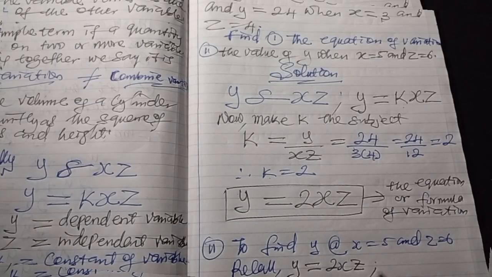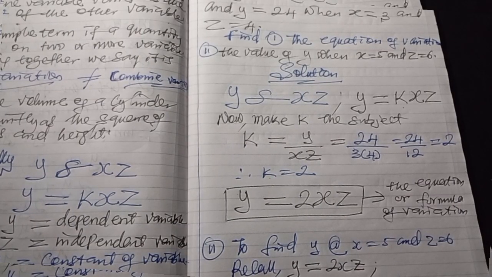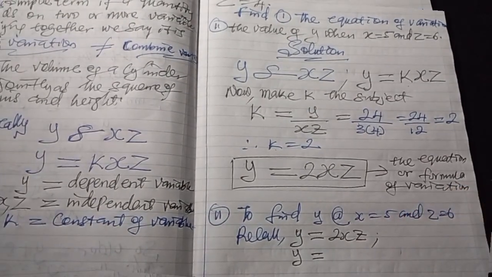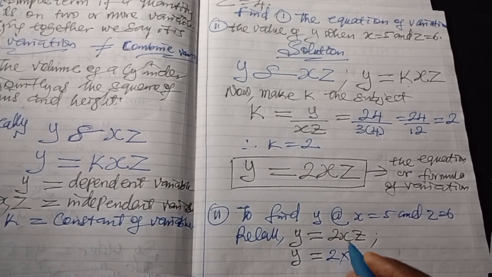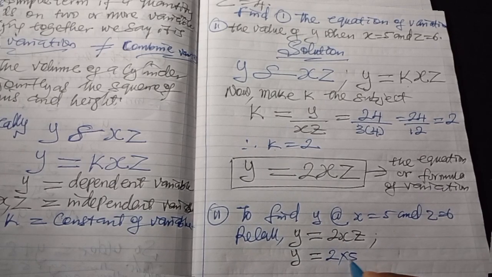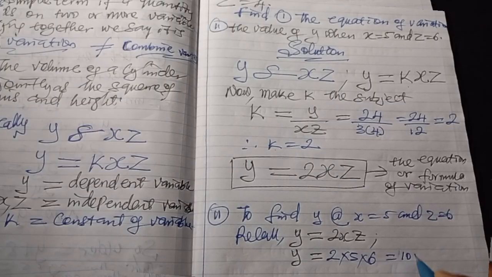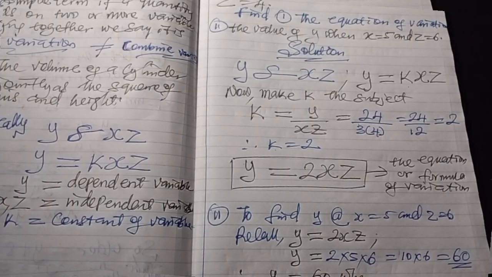So substituting, you have y equals 2 multiplied by the value of x is 5 and the value of z is 6. This is 10 multiplied by 6, which will give us 60. Therefore, y is 60 when x is 5 and z equals 6.